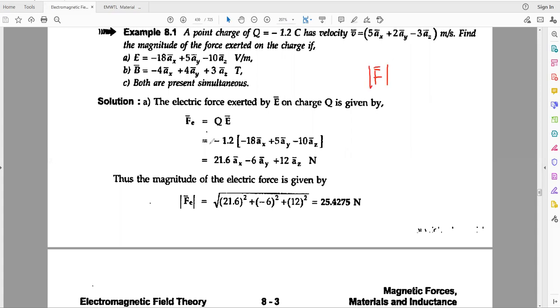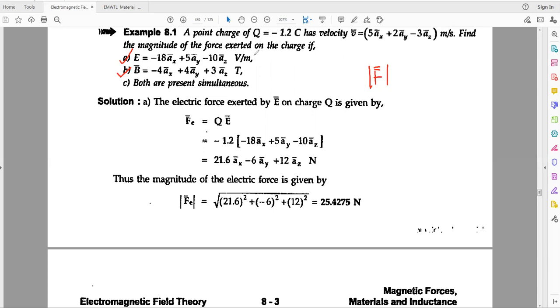They're asking to find the magnitude of the force exerted on the charge if the electric field is given, then if the magnetic flux is given. And the third one, they're asking when both are present simultaneously.